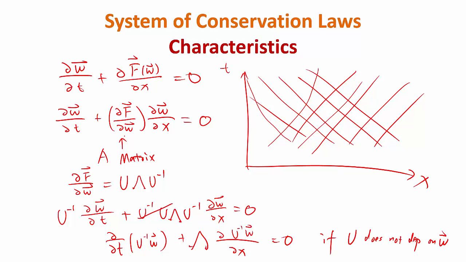It may come purely from one direction if all the characteristics are of positive sign, or all of them are of negative sign. Or different parts of the solution may come from different directions if some of the lambdas are positive and some are negative. Also, the magnitude tells me how fast the solution is going. So these are very useful information. That's why we look at the characteristics.